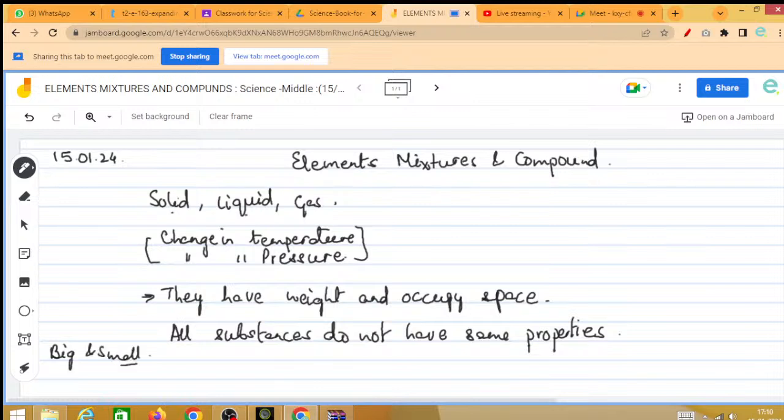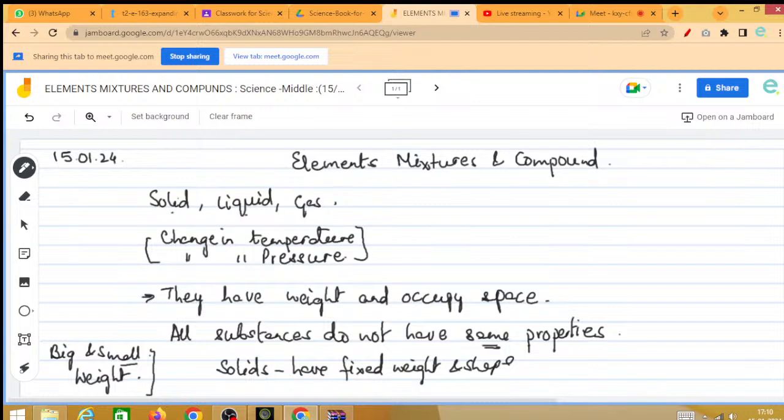Okay, that is a similar thing. And is it solid, liquid? So basically what is it? Solids have fixed weight and shape. Yes, ma'am. Liquids take the shape of the container we put them in.